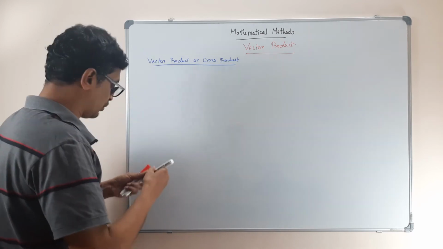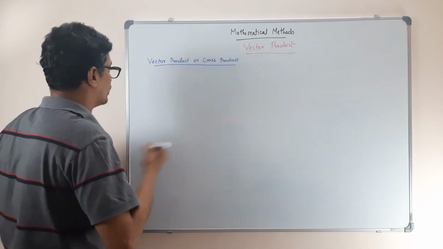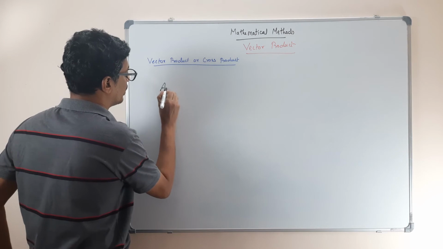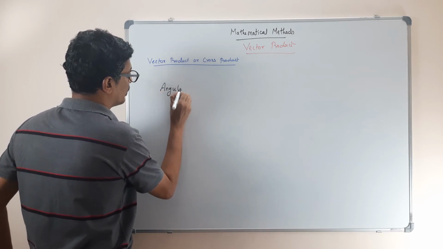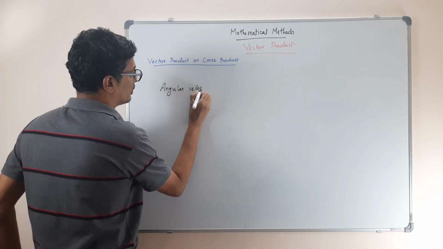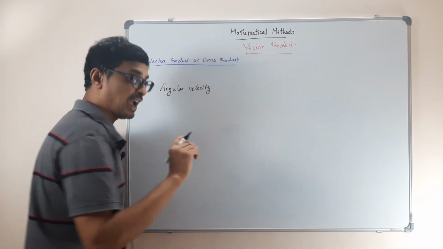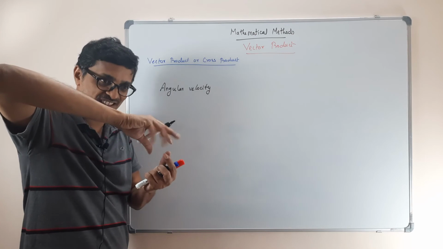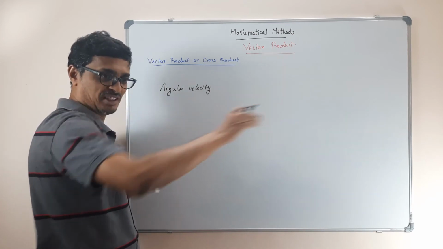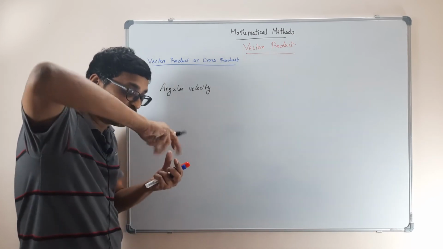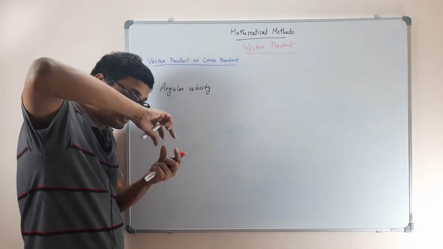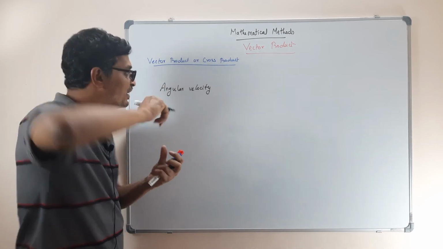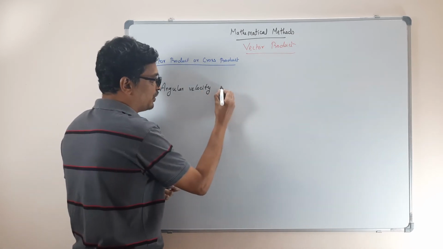So what you have is the angular velocity. When you have spinning objects, where the motion is not linear but spinning, you should define a velocity there also. That velocity is called angular velocity.